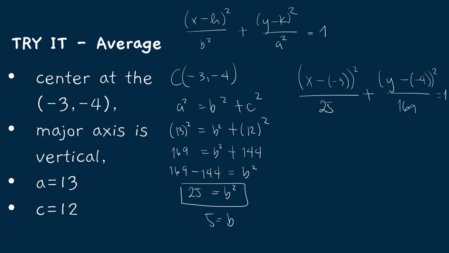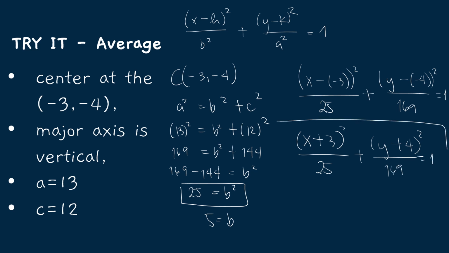And then, try to simplify. Simplify minus -3, then (x plus 3) squared over 25 plus (y plus 4) squared over 169 is equal to 1. And this is already your final answer.